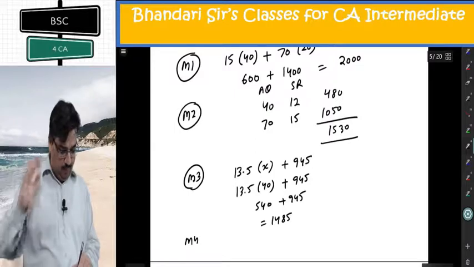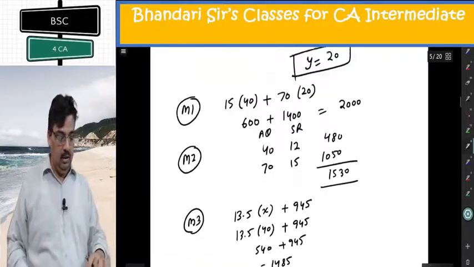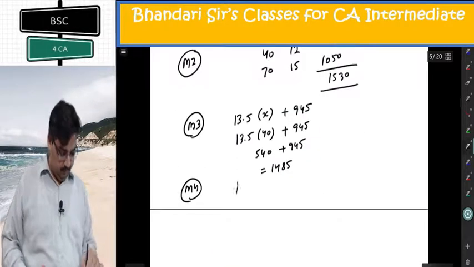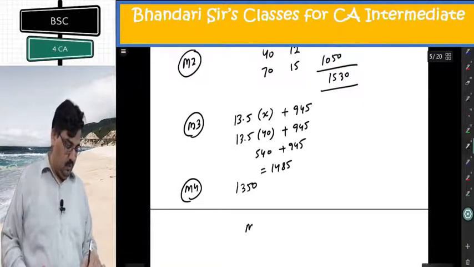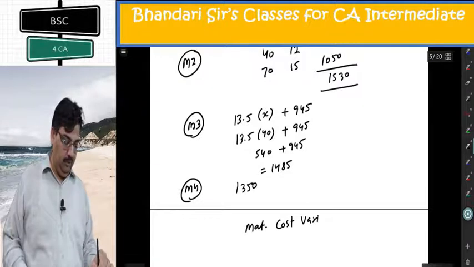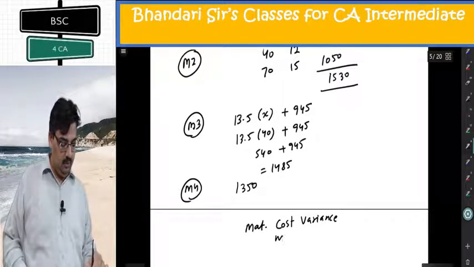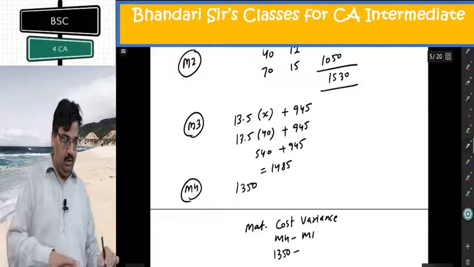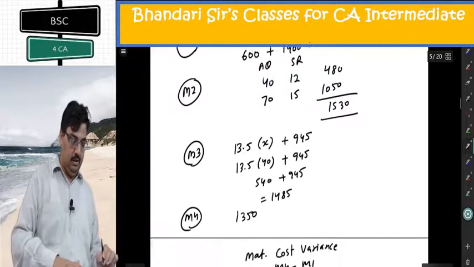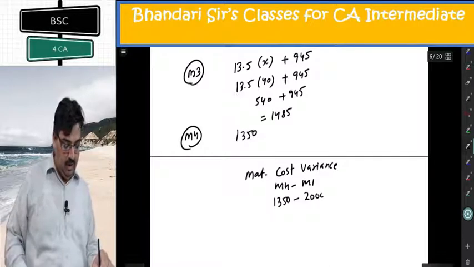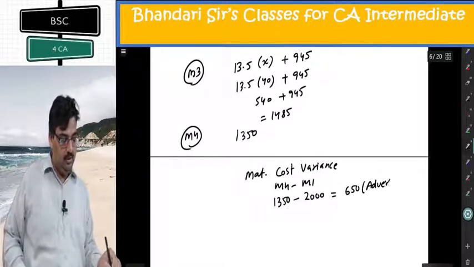And M4 we have already computed at 1350. So material cost variance, M4 minus M1, 1350 minus 2000. It was given, I am just verifying. 650 adverse.